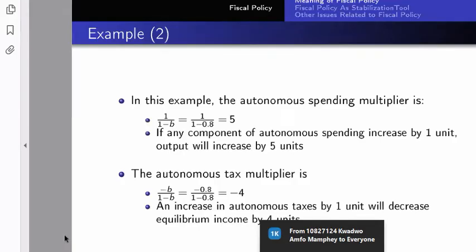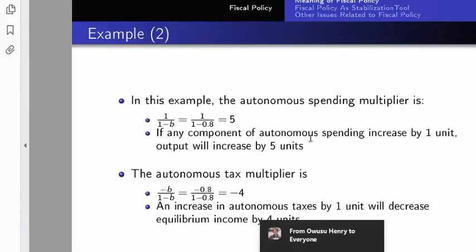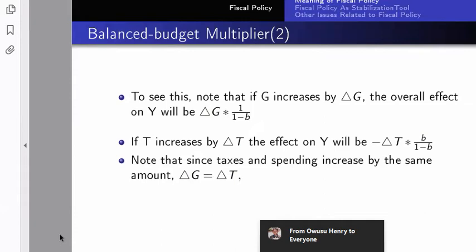Oh, Martha, where are you lost? I don't know how they got the 250 and the 200 they are talking about. No. So the 250, if government spending changes, we are using this formula. Look at this formula. The multiplier was 5.